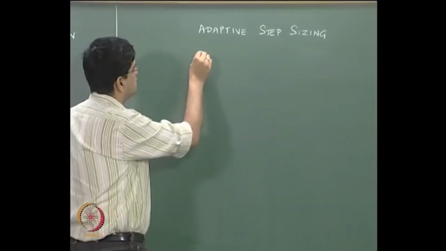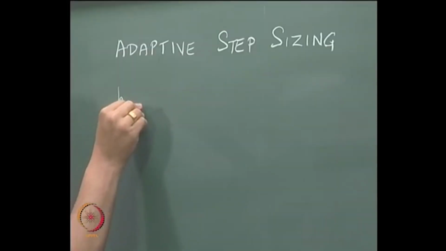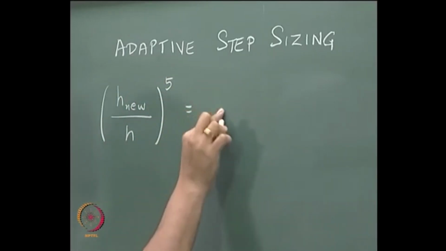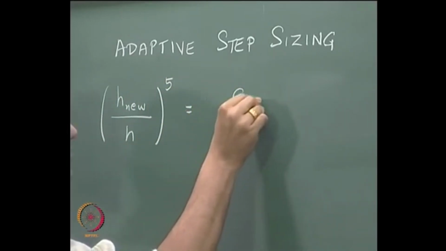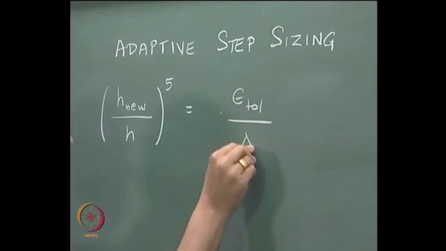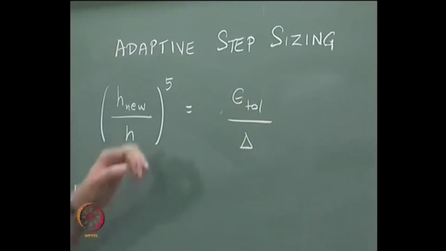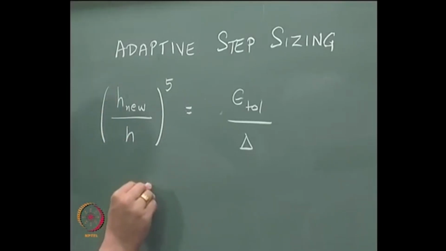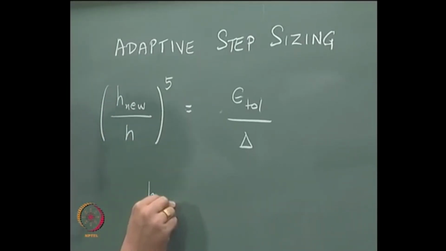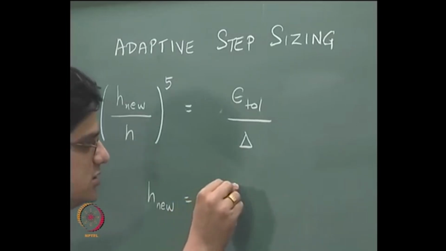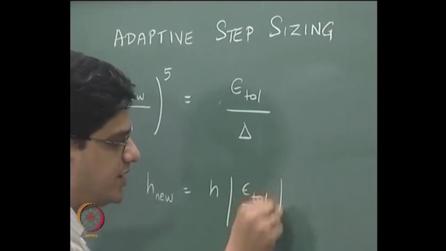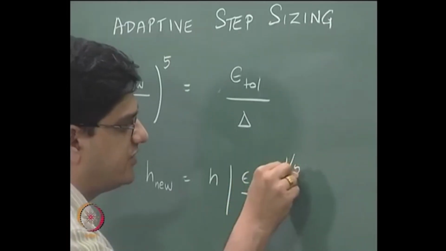So in adaptive step sizing, what we said was h new divided by h to the power 5 is going to be equal to epsilon tol divided by delta. In order to choose the desired h new, we use h new equal to h multiplied by epsilon tol by delta to the power 1 by 5.